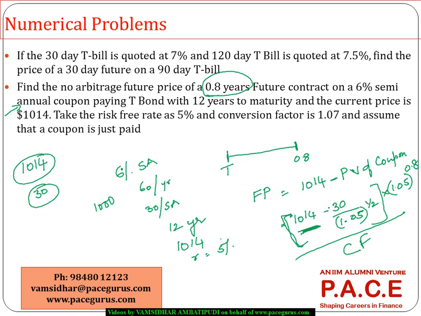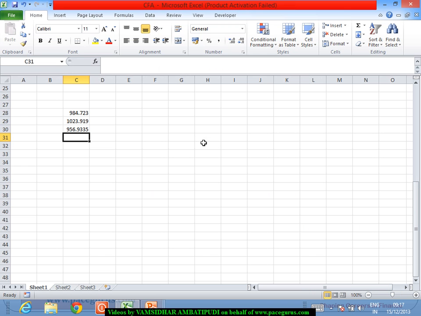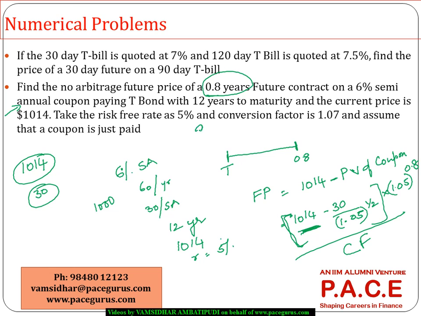Just to adjust for the maturity and the coupons associated, the futures price for this bond is 956.93. So as far as treasury bond futures is concerned, this is a very important number to be considered in our calculation, right?